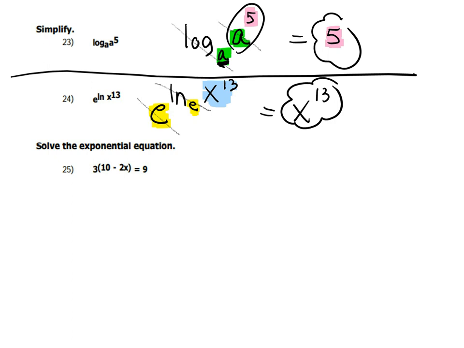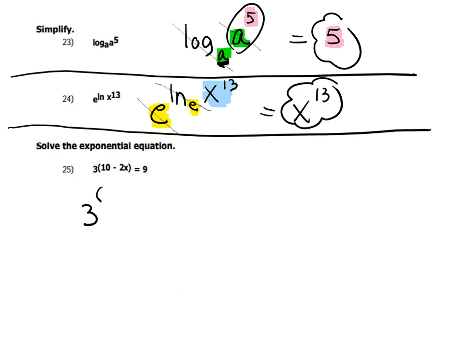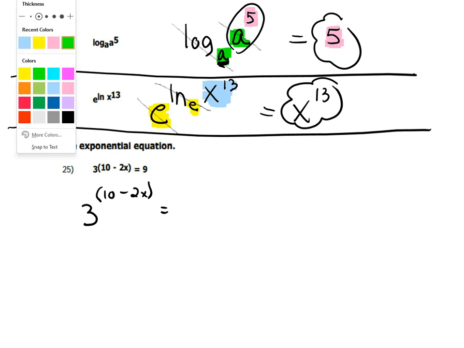All right, 25 says solve the exponential equation. It doesn't look like it's an exponent, but it is. This is really base 3 raised to the 10 minus 2x power. And then I'm going to change the 9 here.